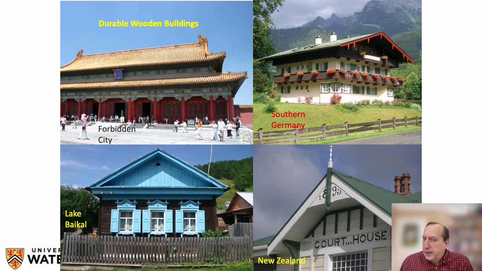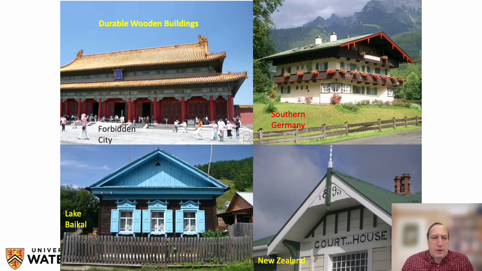Historically, we've seen an awful lot of overhangs. In fact, it's only in really dry desert type areas that there is not some effort made to have an overhang. These are 4 buildings from around the world.